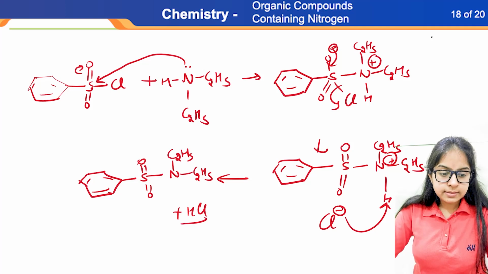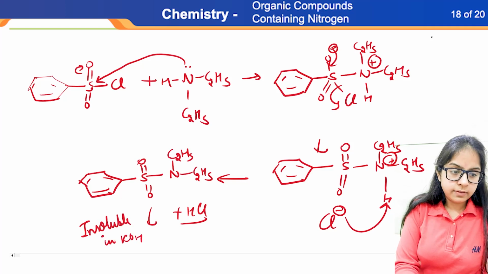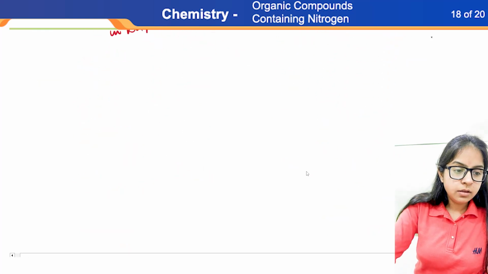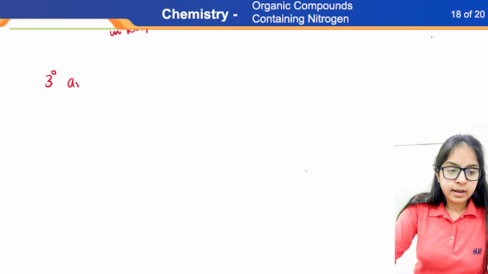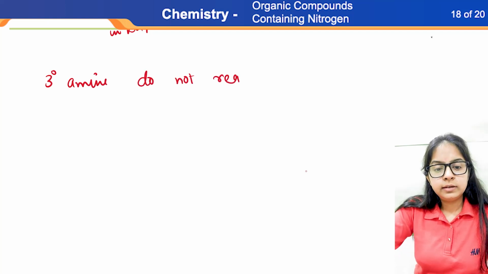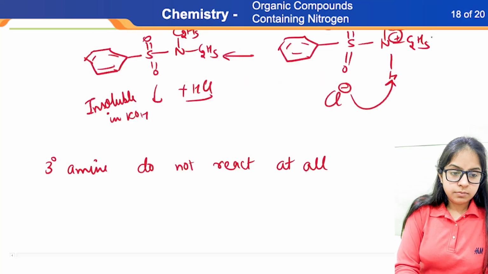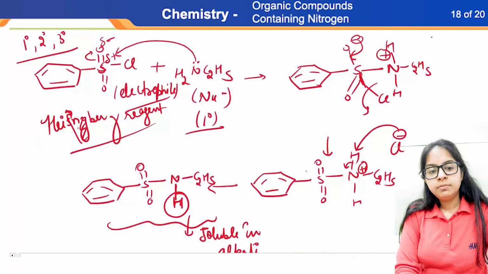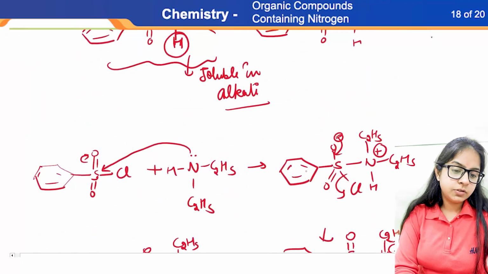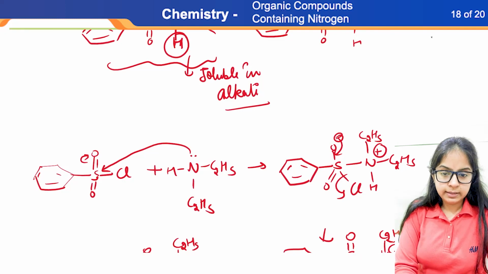Now this is not going to dissolve in KOH, insoluble in KOH. Tertiary amine do not react at all. 3 degree amine do not react at all. Okay, so that's why you will get the distinction between primary amine, secondary amine and tertiary amine by dissolving it in alkali. Okay.